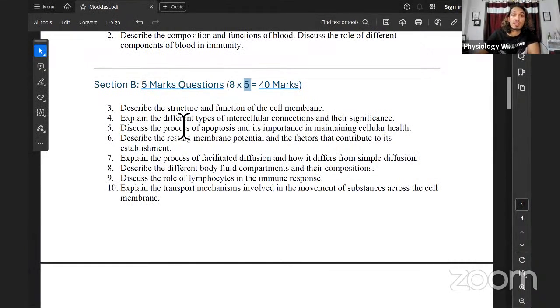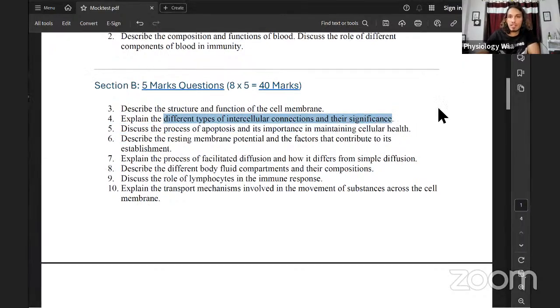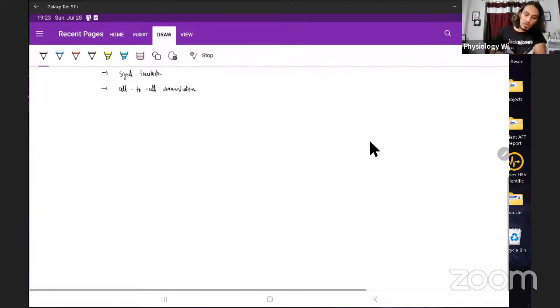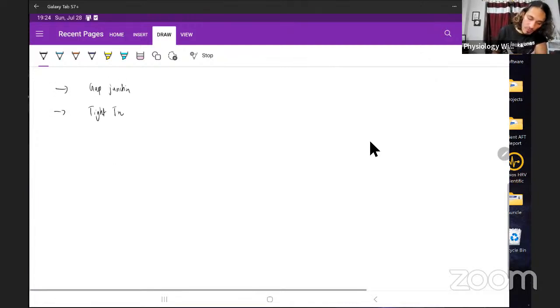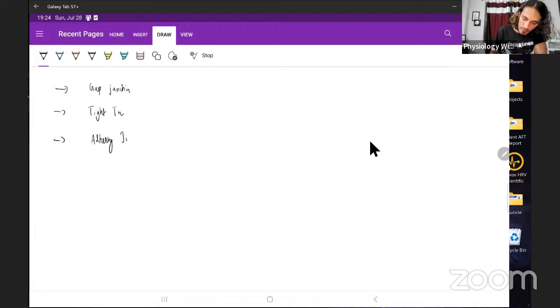The next question: explain the different types of intercellular connections and their significance. So for intercellular connections, you have to majorly talk about your gap junction, tight junction, adhering junction, desmosome, then hemidesmosome.